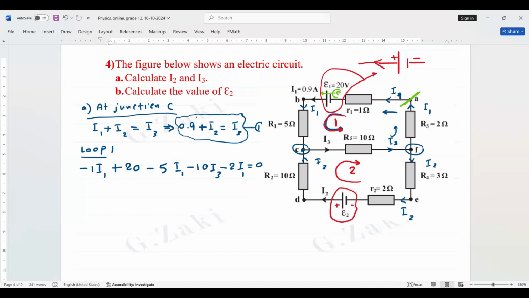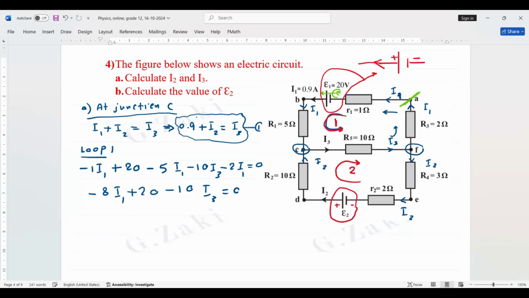Now, we collect the like terms. Negative 1 I1, negative 5, negative 6, negative 2, it's negative 8. Then it's negative 8 I1 plus 20 minus 10 I3 equals 0.